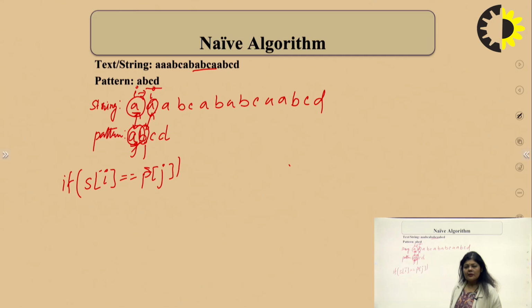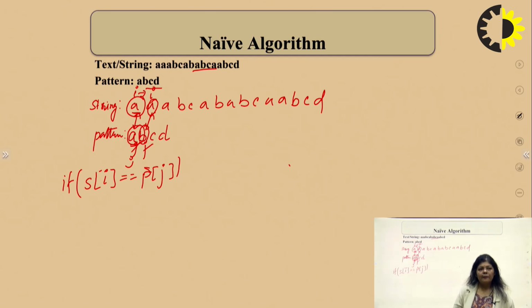So in this case, J is going to be set again to the first character. So J again is pointing to A, and I is also going to be reset to the position where it has started. So I is currently on the second position, and in the previous search, we started I with index number 1.